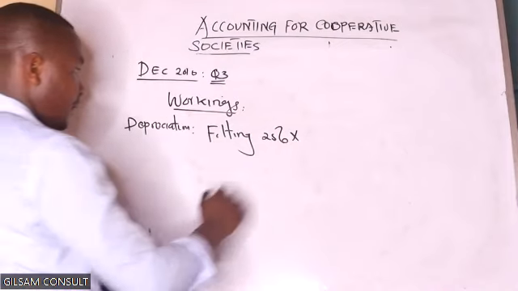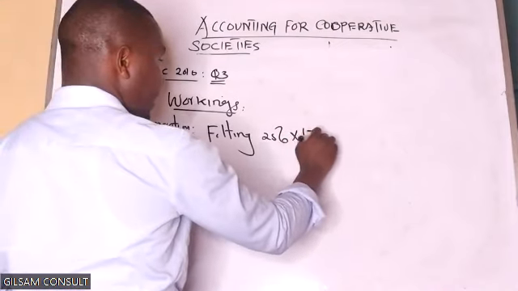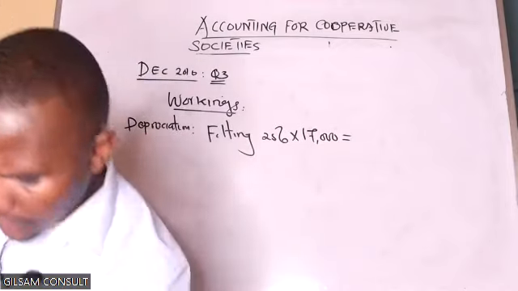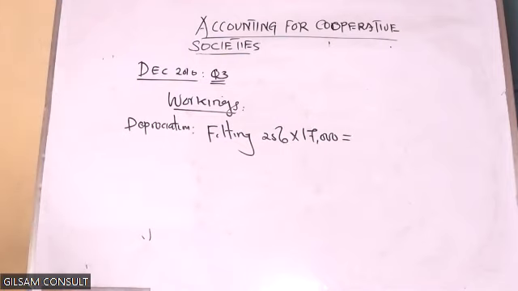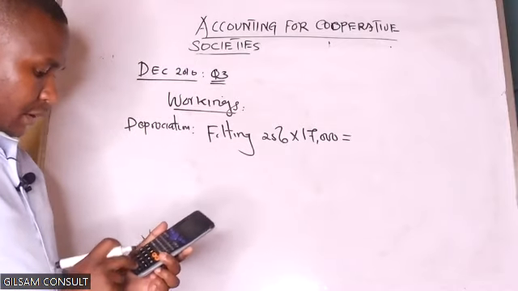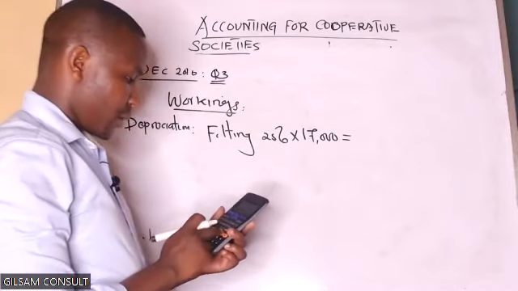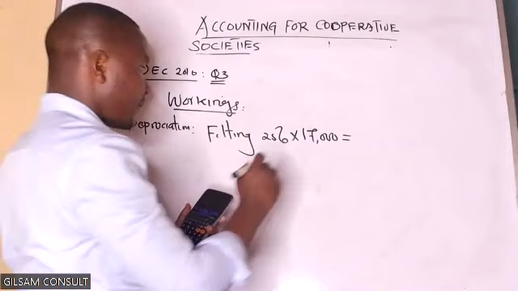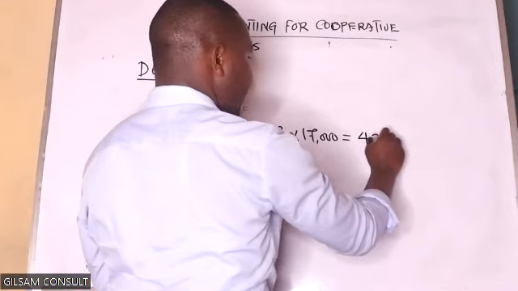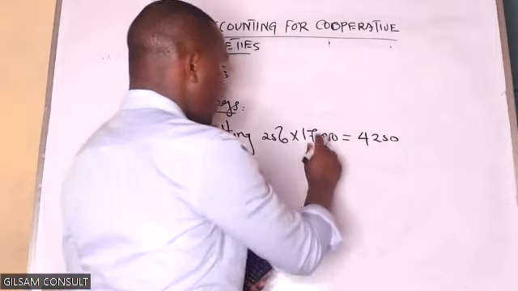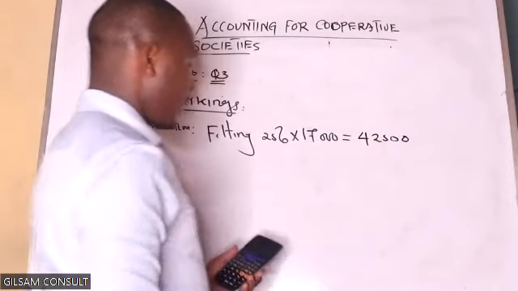The cost of furniture and fitting is 170,000. You have just removed the other 3 zeros. So 25% of 170,000 gives 42,500.